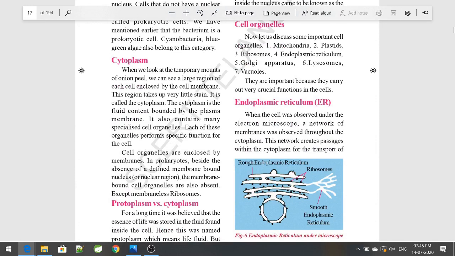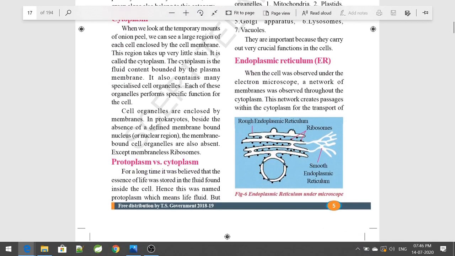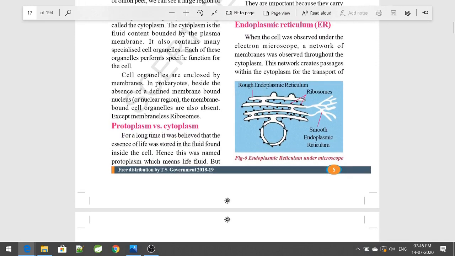You can just say that it is the fluid part inside the cell, which contains all the cell organelles floating inside it.